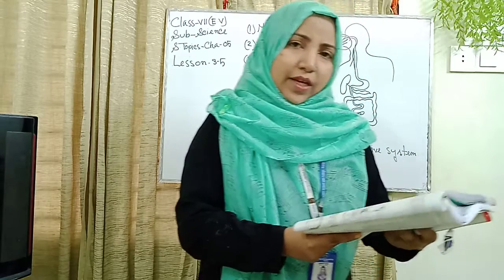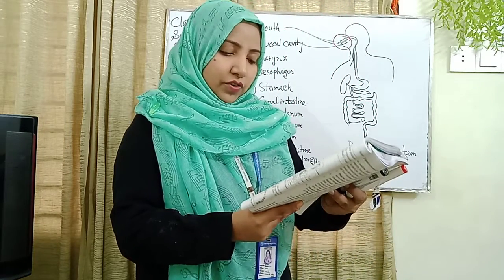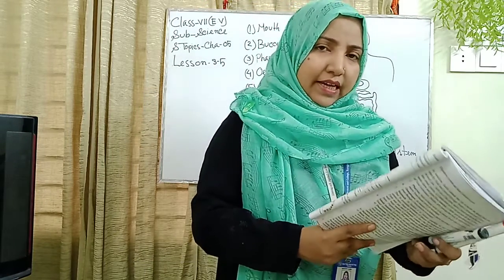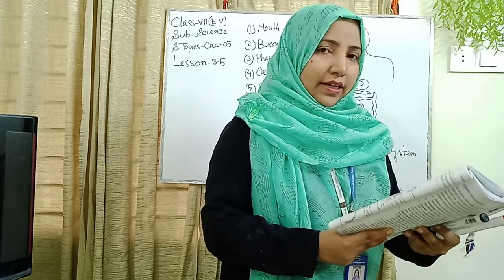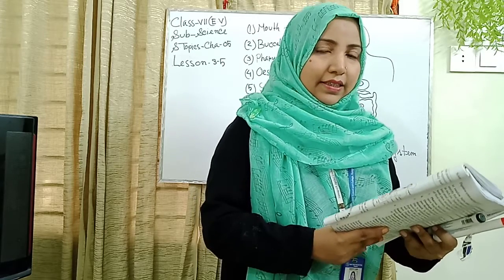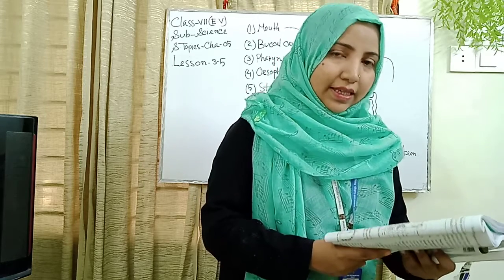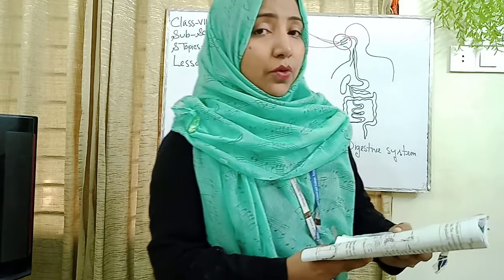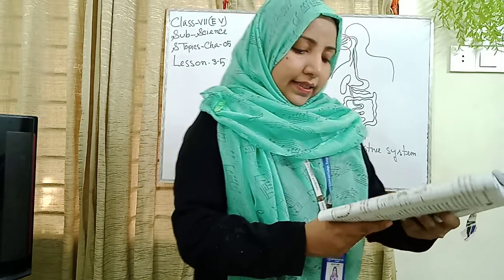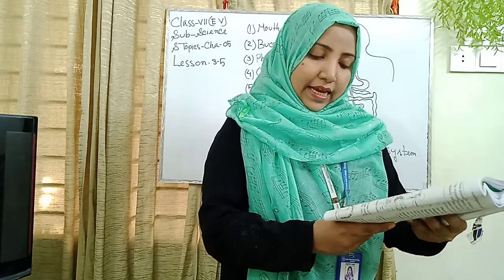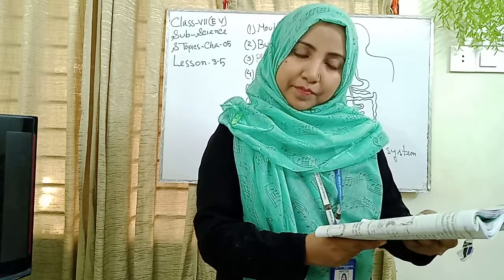Moreover, there are three pairs of salivary glands on two sides: the parotid glands, the submandibular glands, and the sublingual glands. Teeth cut food materials and help grind them.